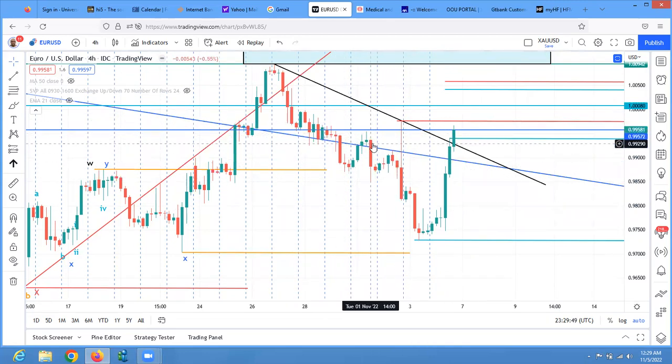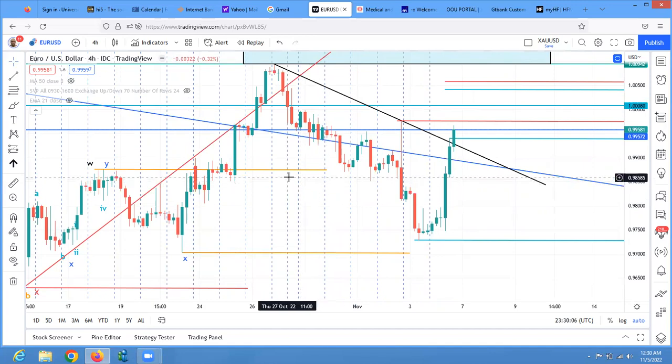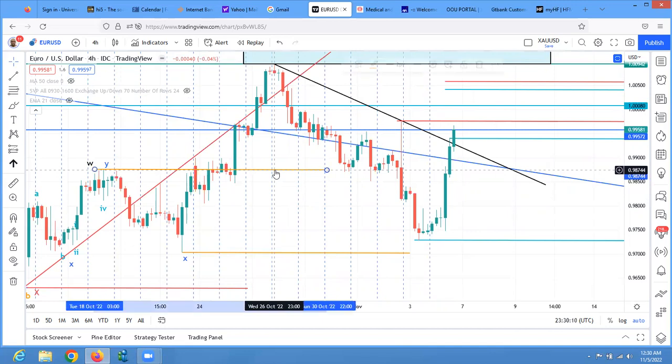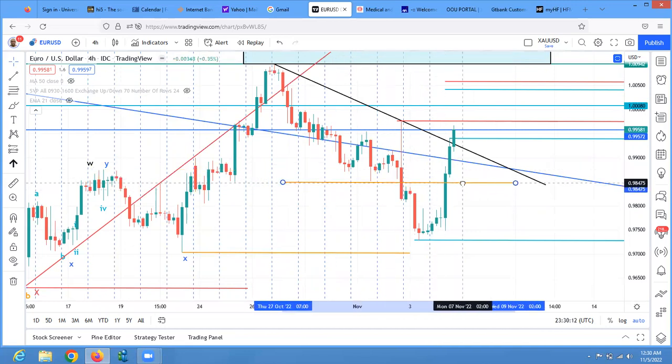So it is a 3 wave, which means that this one is a move, and the flat in the middle. Let me take this to this side. This is the flat in the middle here.